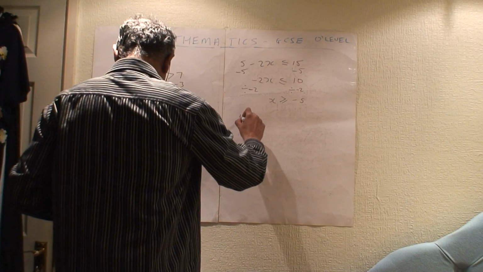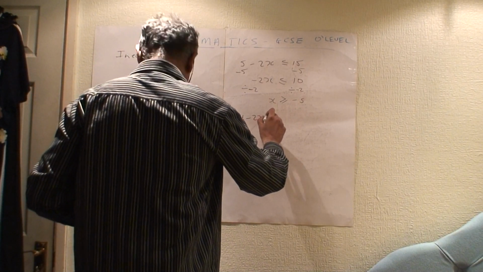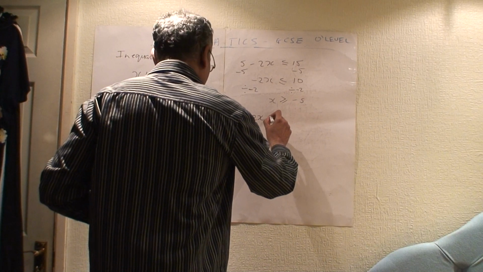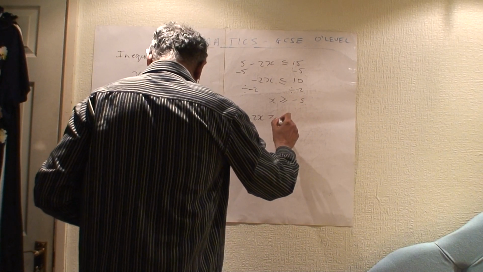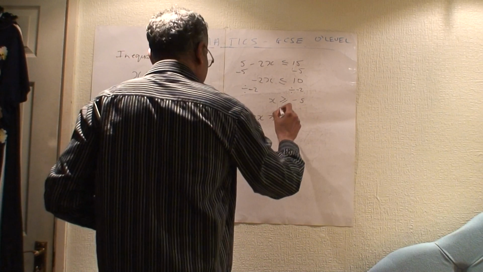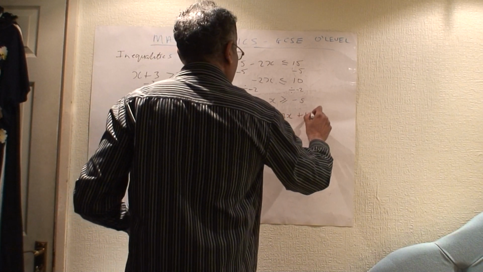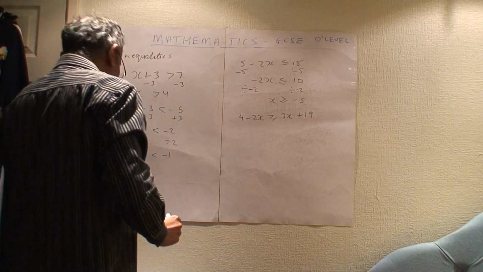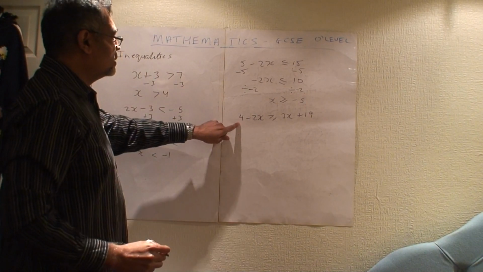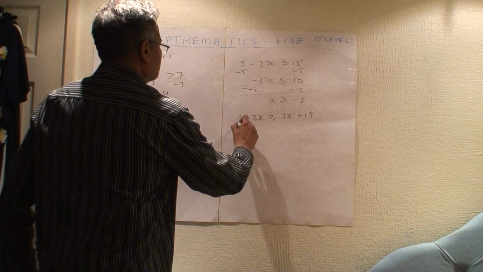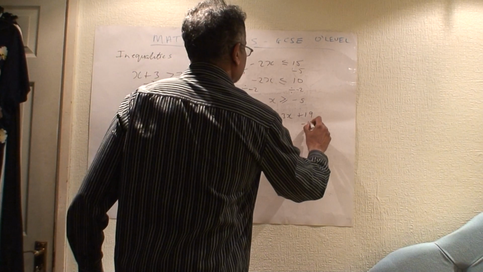Another example we can look at: 4 minus 2x is greater than or equal to 3x plus 19. We can start by getting rid of this 4 on both sides.